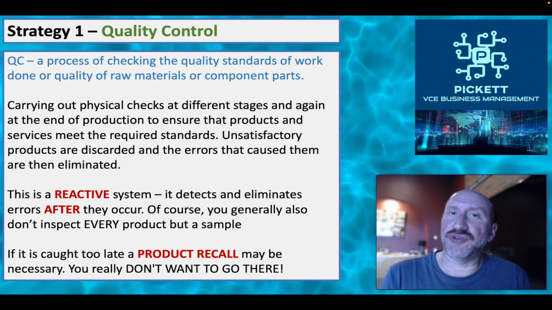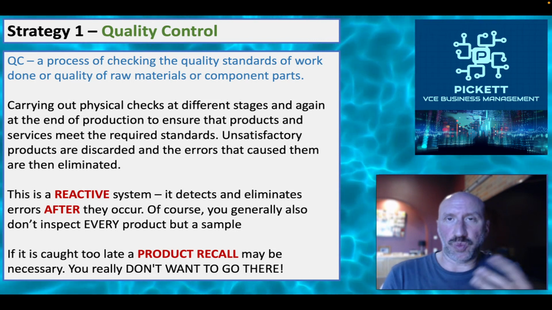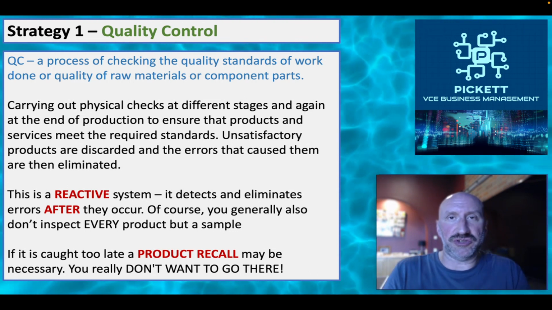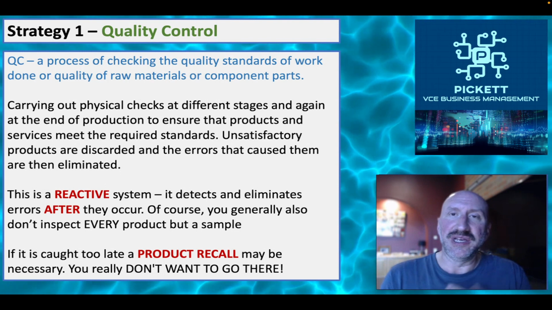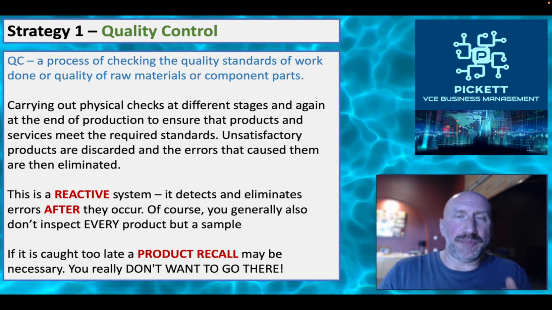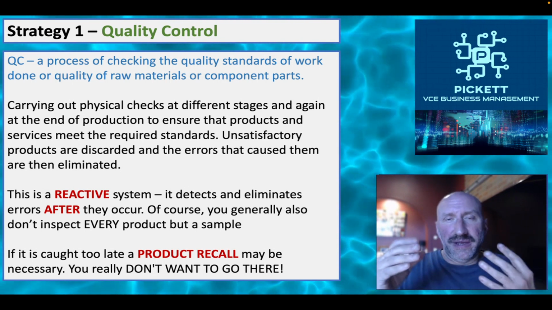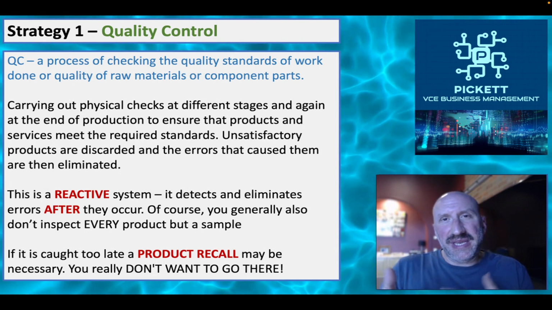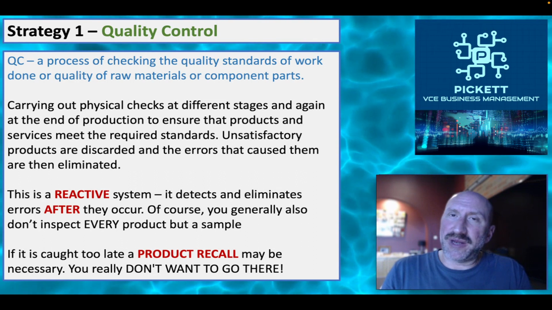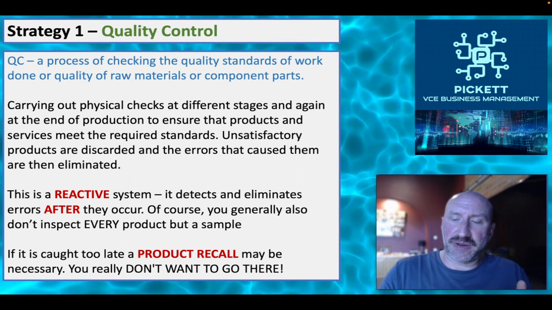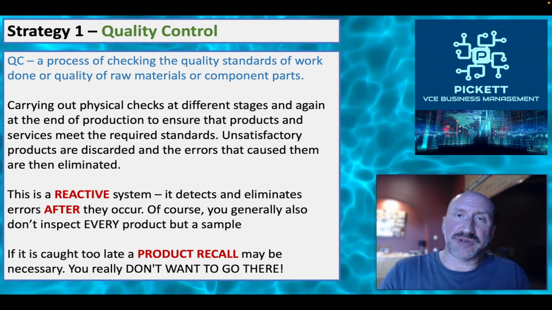This is something you really, really don't want to happen. This is why we have these quality control checks, to avoid that happening. Okay, so a product recall, look, it's not mentioned specifically in the study design, but it's worth being aware of at least. And maybe you might be able to use this in a description depending on a question, but just to give you some idea of what we mean by product recall.